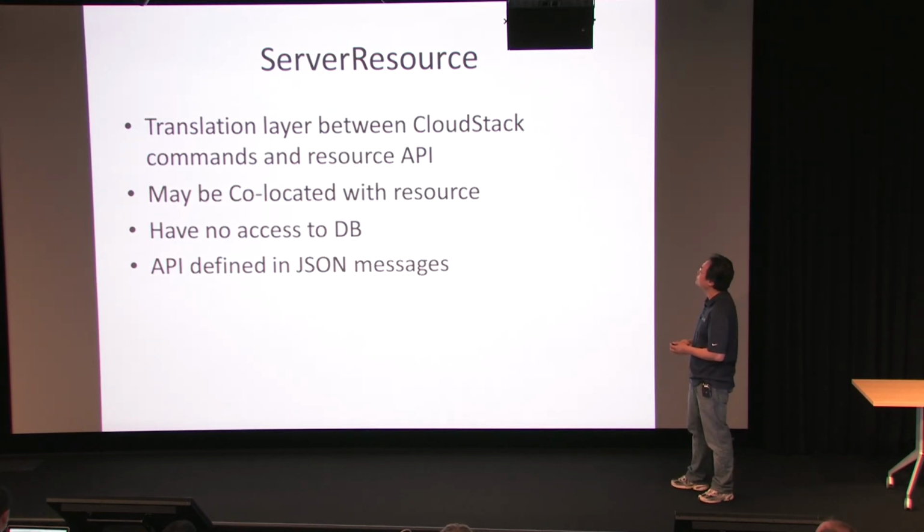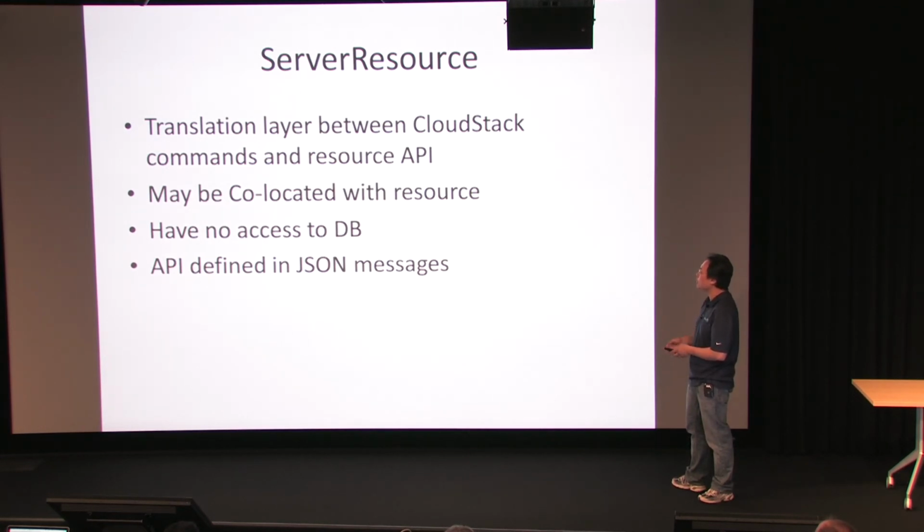Now, okay. So then we get to server resource. For our server resource, I kind of already talked about it being a translation layer between CloudStack and the resource API itself. It is communicated only in JSON, and everything is passed through like that. There's not an actual Java API call.